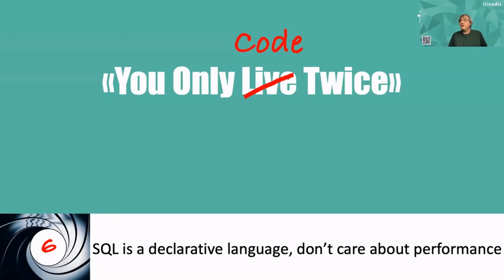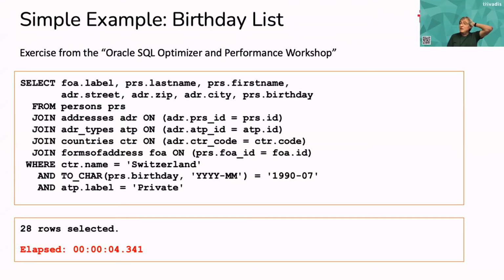Okay, SQL. We don't have to care when we use SQL about performance because it's just declarative. So we just write what we want and not how we want. It's the database that does the job. This works quite well in a lot of cases, but sometimes it does not work, as you see in this example, an exercise from our optimizing performance workshop.